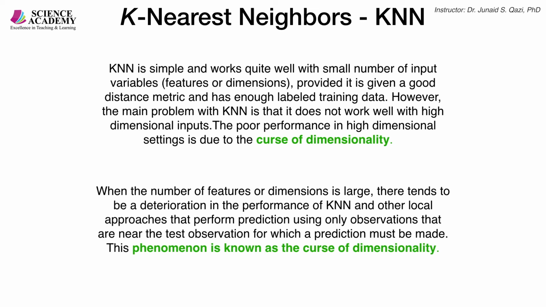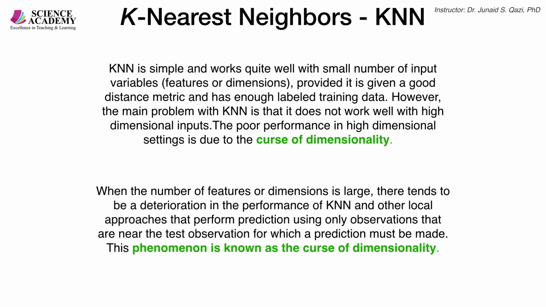When the number of features or dimensions is large, there tends to be a deterioration in the performance of KNN and other local approaches that perform predictions using only observations that are near the test observation, for which a prediction must be made.